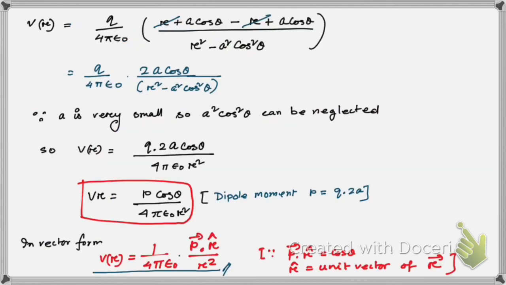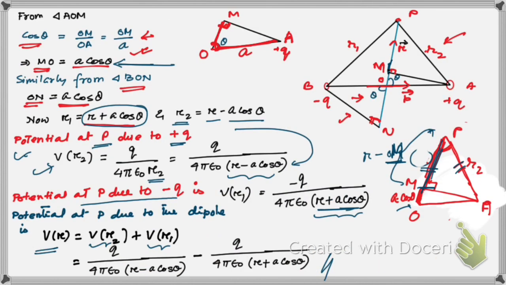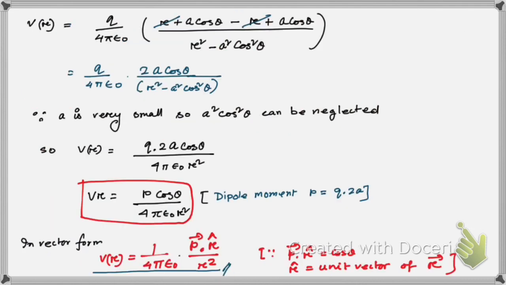Now from here you can see we have taken LCM. Q by 4 pi epsilon naught, this part is the same, so we have taken it common, and then we have taken the LCM. Doing so, we have got this. Here this is the positive part, this is the negative part, they cancel.